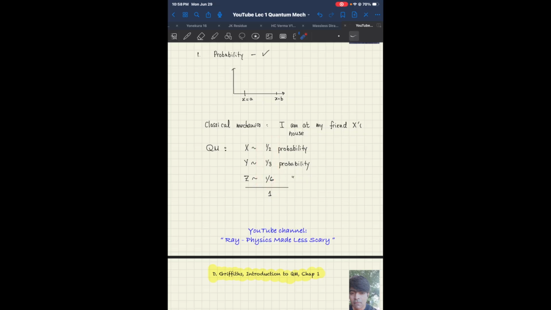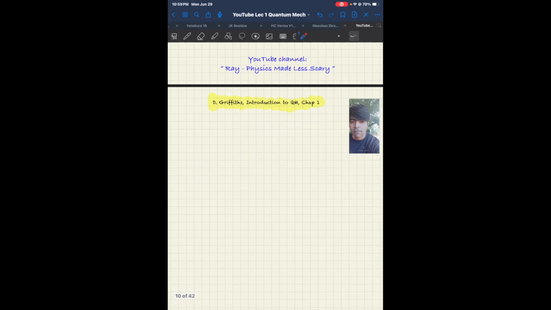Like you being at your friend's house is an event. You being at someone else's house is an event. So these are all called events. Quantum mechanics tells you the probability of these events, and how are these events measured? These events are measured by evaluating this integral.